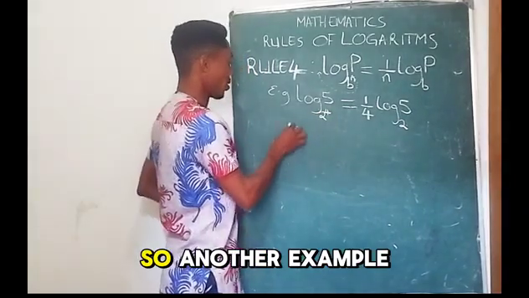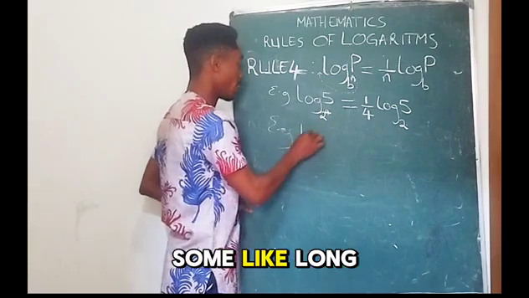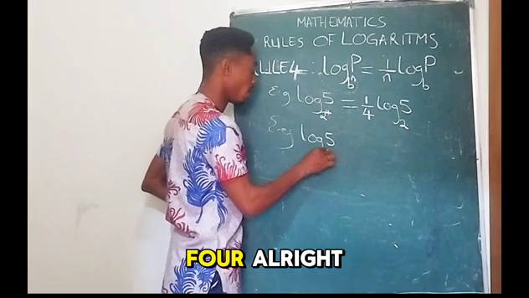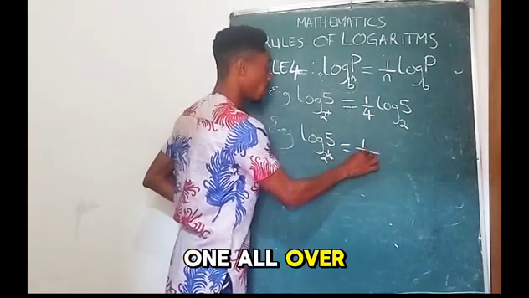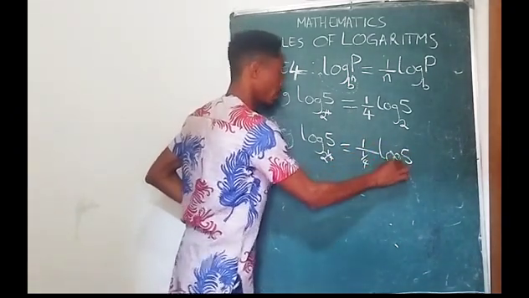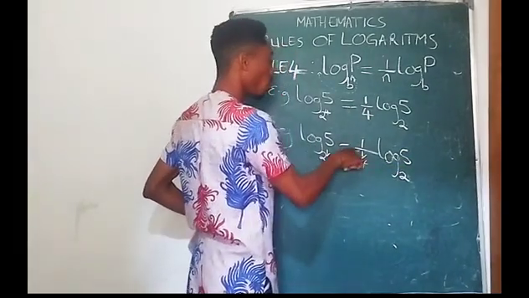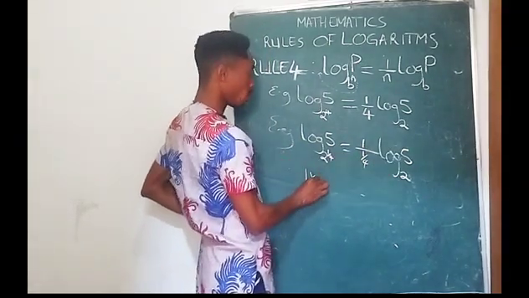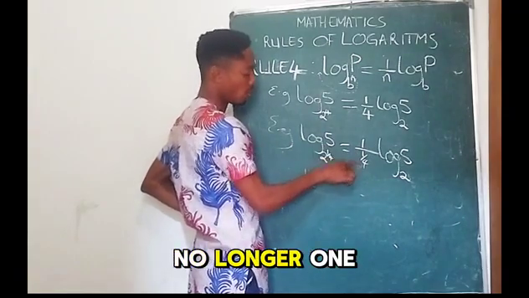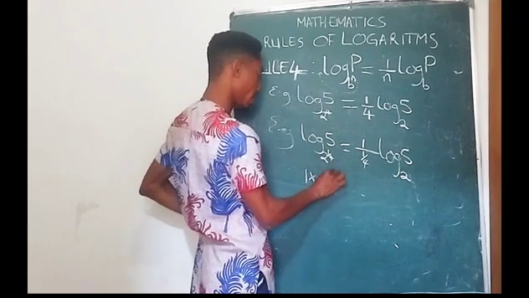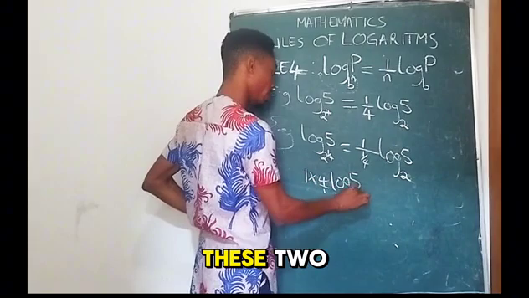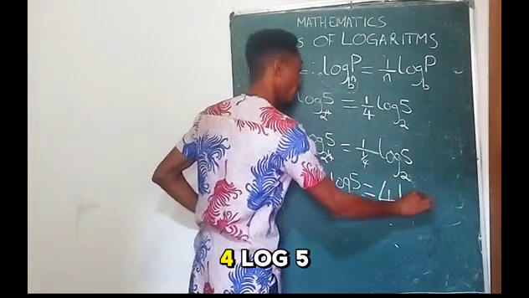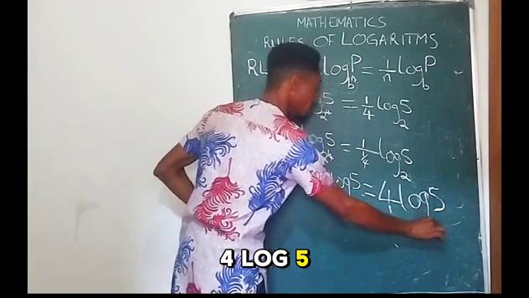Another example, if I have log 5 in base 2 raised to the power 1 over 4, this is going to be 1 all over 1 over 4 log 5 in base 2. 1 all over 1 over 4 is nothing but saying 1, change the division to times. We change to times, and what I will have here will no longer be 1 over 4, but now 4 over 1 log 5 in base 2. So 1 times 4 over 1 would simply give me 4 log 5 in base 2.